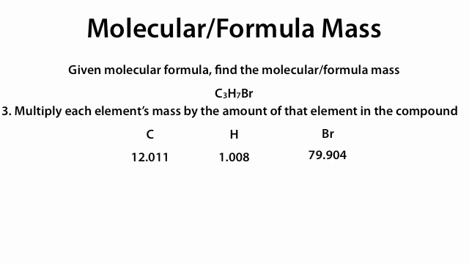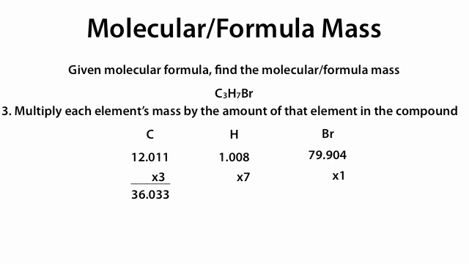Step 3, multiply each element's mass by the amount of that element in the compound. For C, we have 3 C's, so we multiply 12.011 times 3. For H, we have 7 H's, so we multiply 1.008 by 7. And for Br, we only have 1, so we multiply 79.904 times 1.